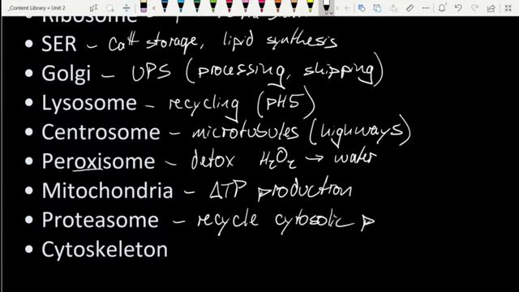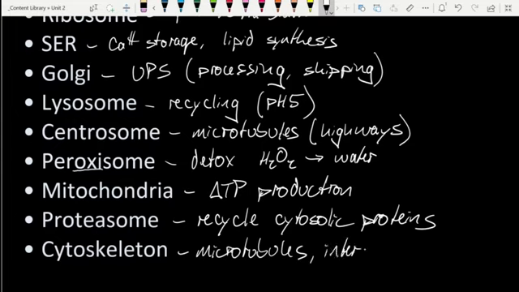The peroxisome is all about detox, right? The key word here when we think about peroxisome is oxy, even peroxy, right? This is taking hydrogen peroxide, H2O2, and converting it into water. This is one of the primary means that the cell has to counterbalance oxygen-free radicals that are generated during metabolism.